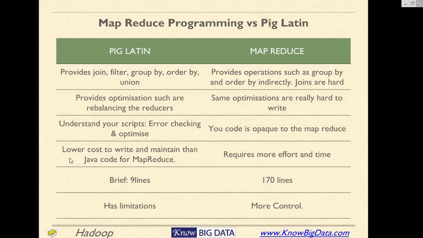Pig lets you write your own functions, which are called user-defined functions. These are mostly for special purpose processing that some operators Pig doesn't give out of the box, and if you need them, you can write them on your own and then use them with Pig. That is called user-defined functions, and we will discuss that in the later slides.